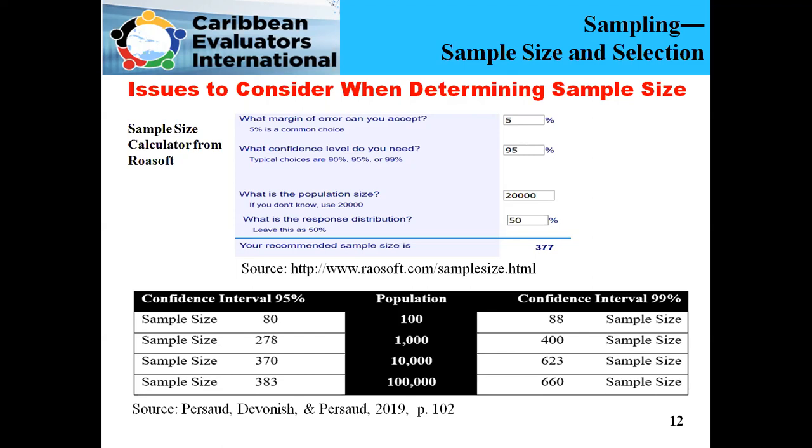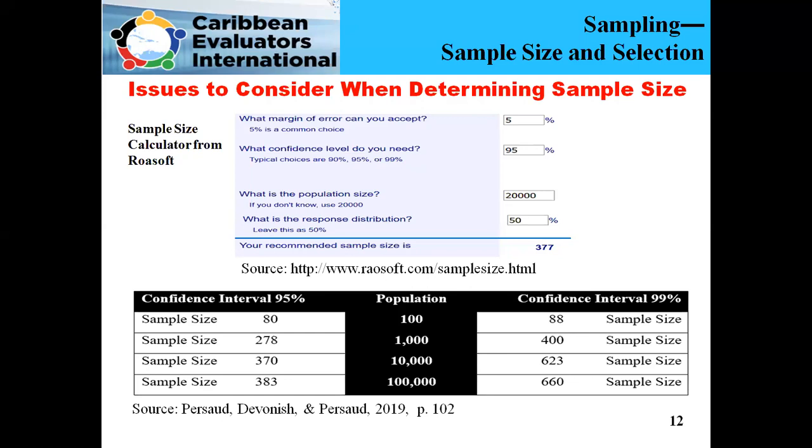So you would notice that when the population is at 100,000, we only need a sample of 383 for a 95% confidence interval and 660 for a 99% confidence interval. So this is very important because when your population is really small, you have to sample practically the whole population.